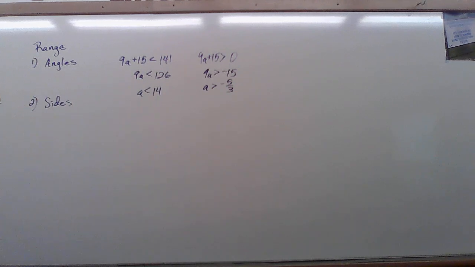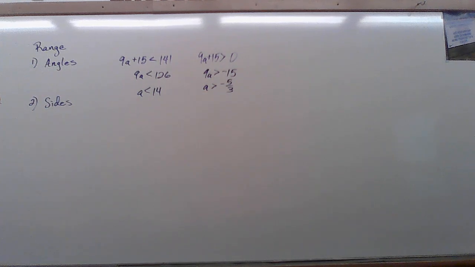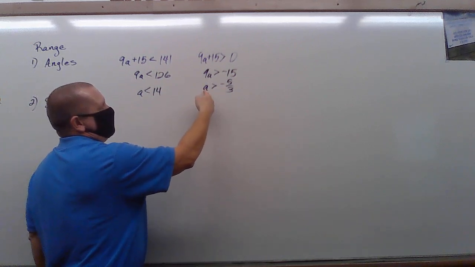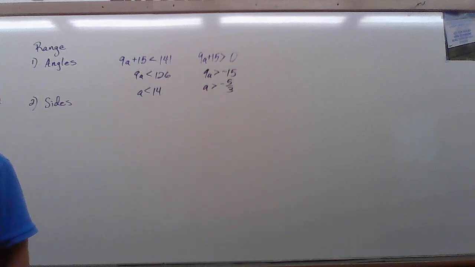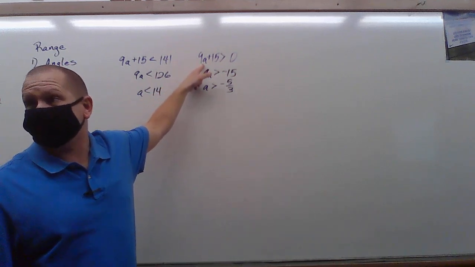Now here's the question. Can I have negative in my range? We talked about that we could never have negative because it has to be bigger than 0, right? But is this actually showing us that the angle is negative? Not necessarily, because if I take an A that is bigger than negative 5/3, like 1, 0, all of those, and put 0 into this equation, do I get a positive answer?